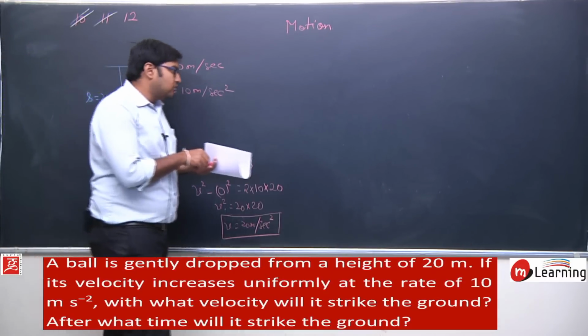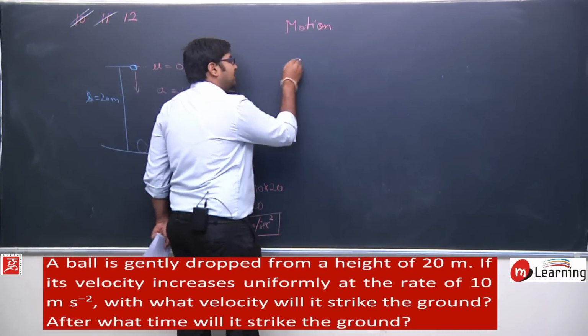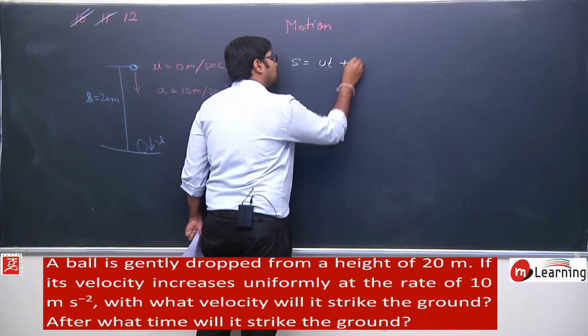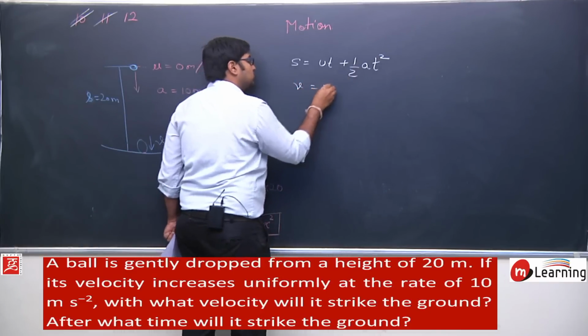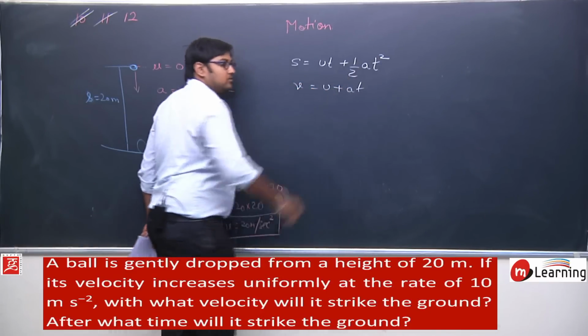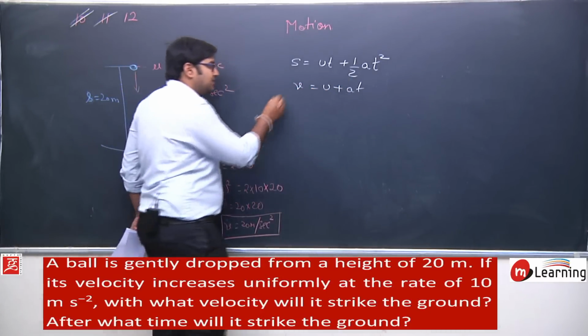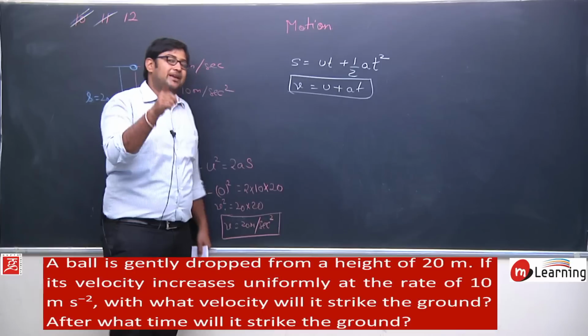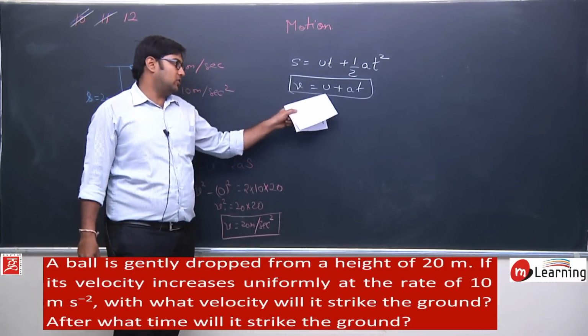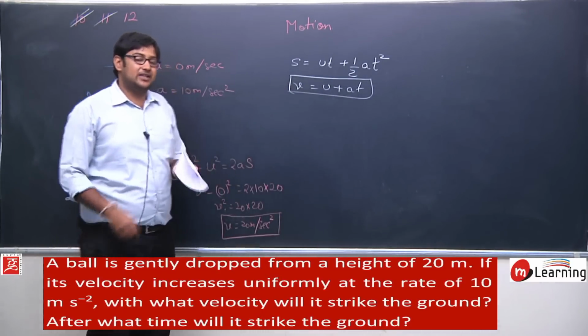Okay, so I have two equations of motion here. s is equal to ut plus half at square and another is v is equal to u plus at. But I feel that this would be easier to apply. Okay, this would be easier to apply because we know v, we know u, we know acceleration a.